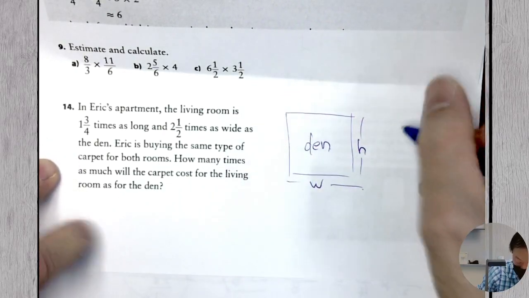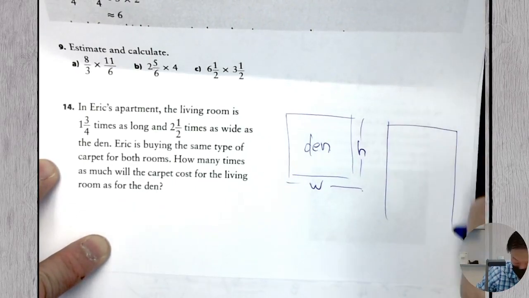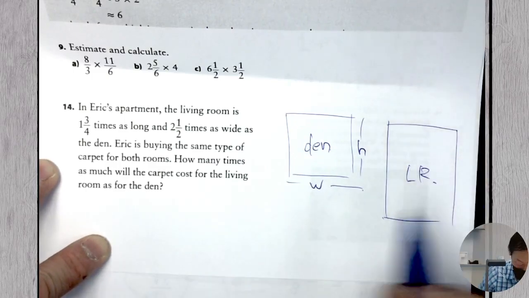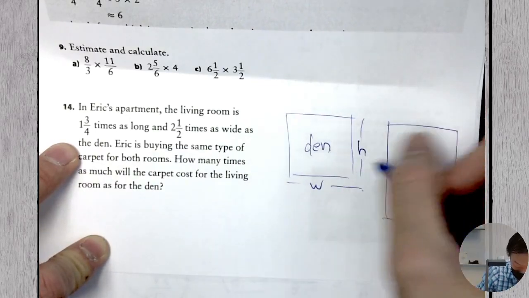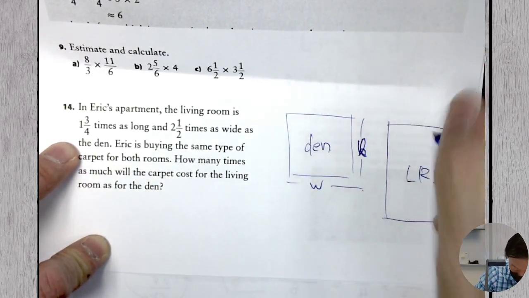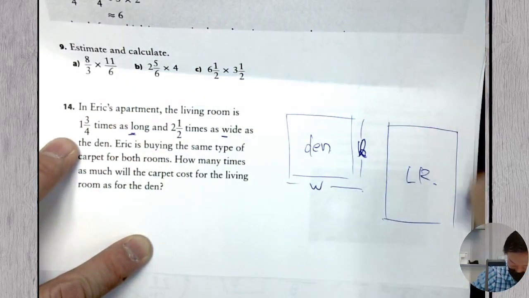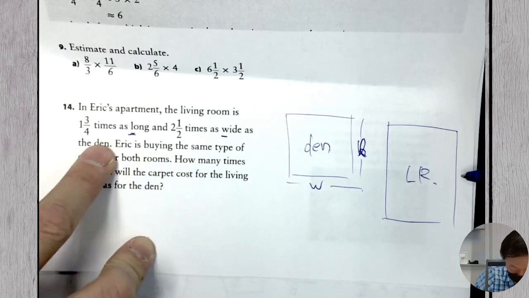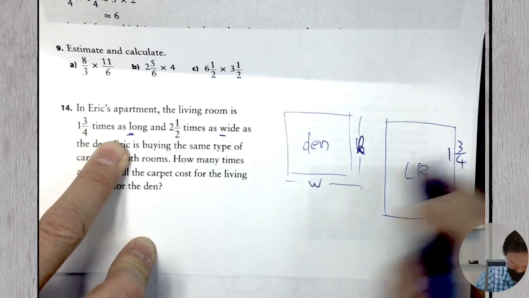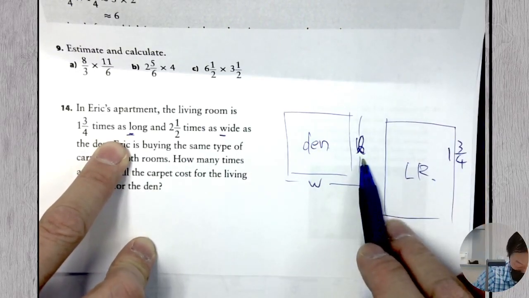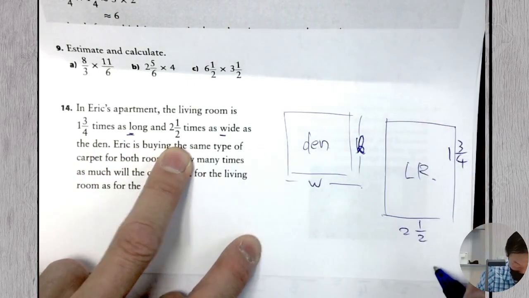We don't know the measurement, and we have his living room, which is larger by the description, times long and wide. We're going to stick to the same words, wide and long. So long over this side, it's going to be 1 3/4 times that measurement, and 2 1/2 times the width of that measurement.